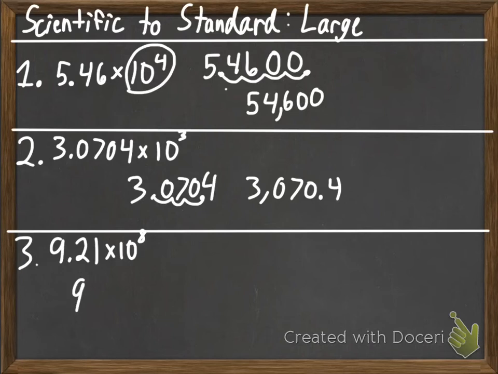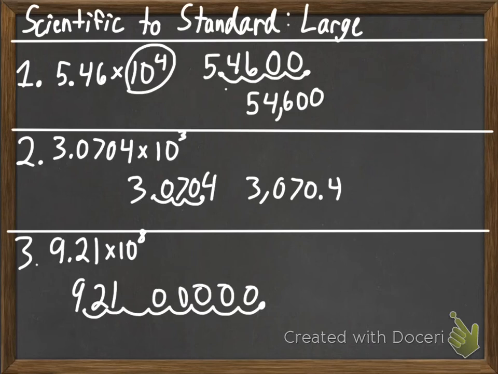That was a bad 9. 9.21. Move it 8. 1, 2, 3, 4, 5, 6, 7, 8. And fill in a bunch of zeros. So 1, 2, 3, 1, 2, 3. There we go.